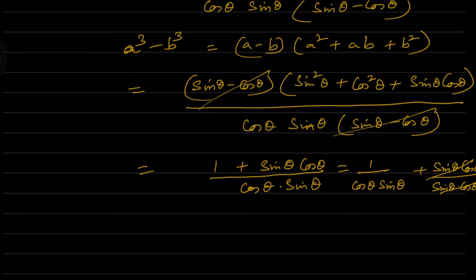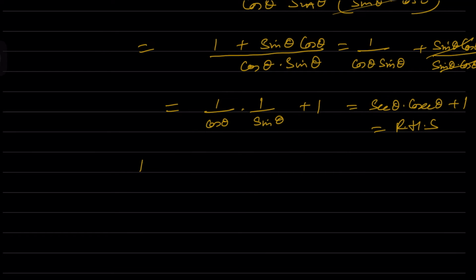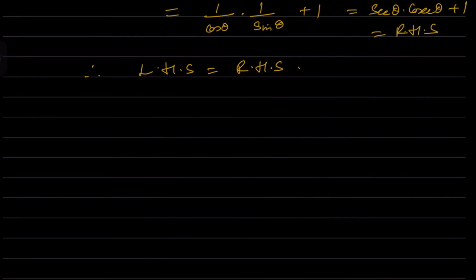So you're getting 1 by cos theta into 1 by sin theta plus 1, which is nothing but secant theta into cosecant theta plus 1, which is equal to RHS. Therefore, this identity is also proved, that is, LHS is equal to RHS, that is left hand side is equal to right hand side.